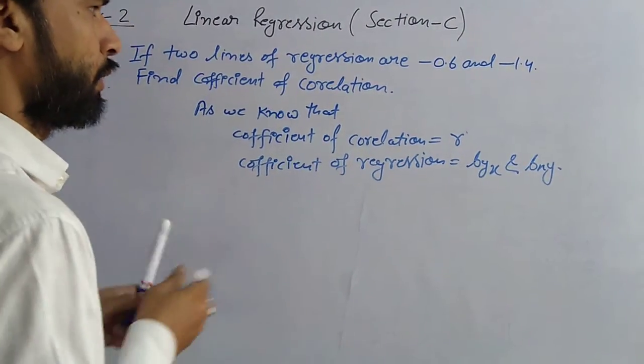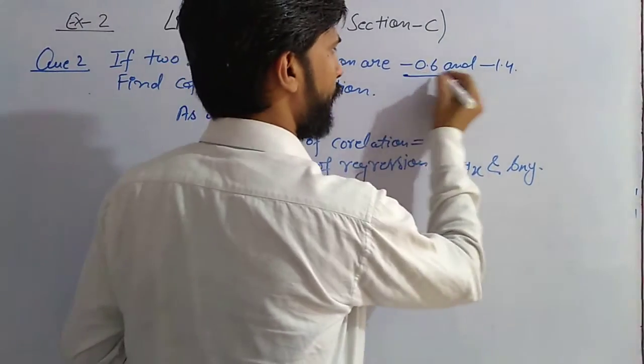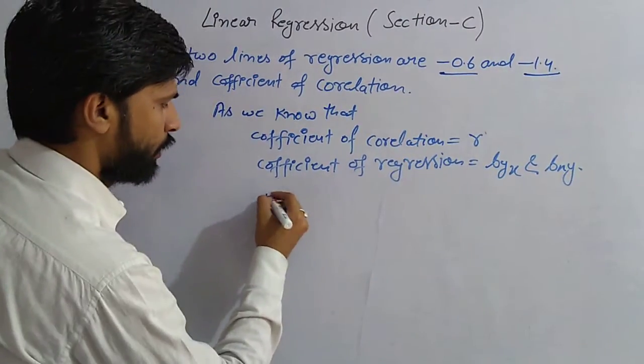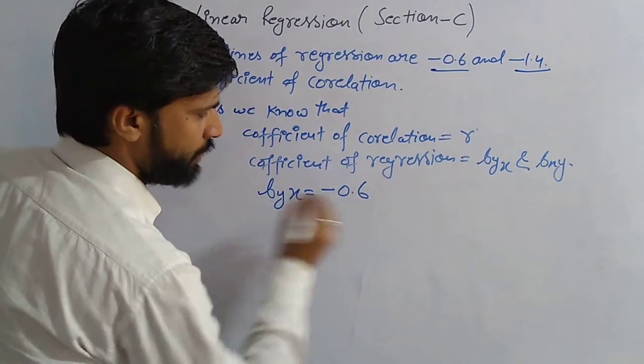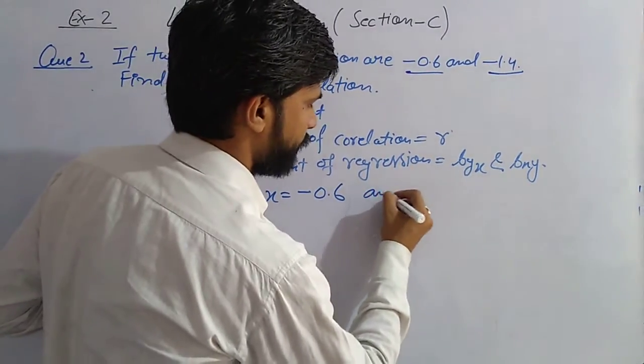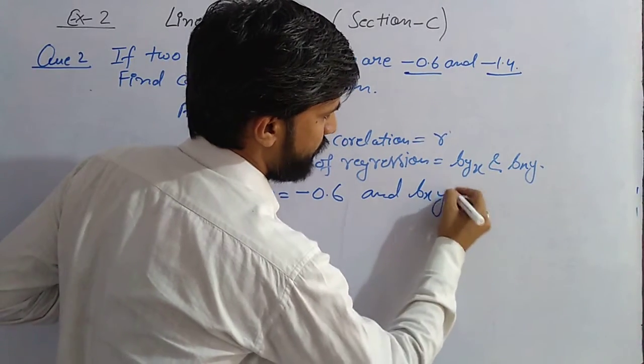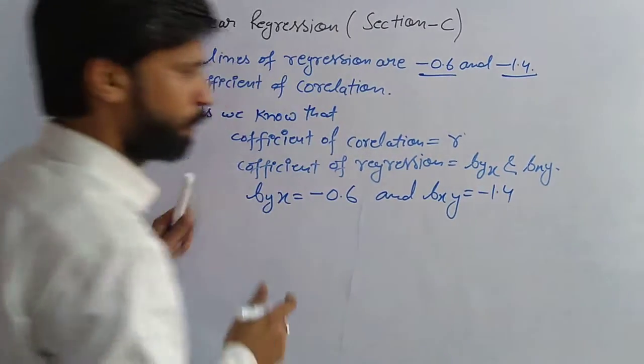In this question, Byx and Bxy are given. Byx is equal to minus 0.6 and Bxy is equal to minus 1.4.